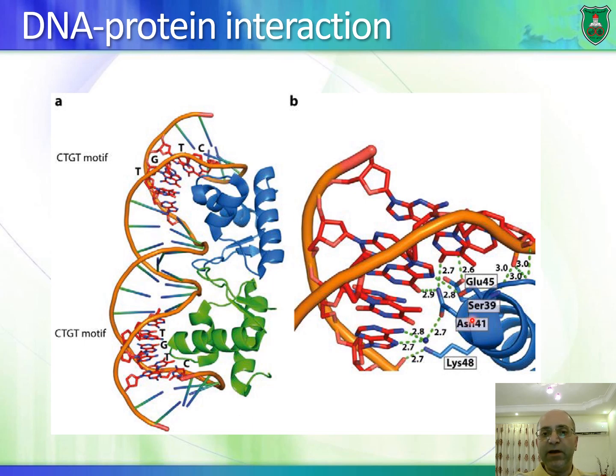The bases, by the way, are not totally embedded within the strands. Rather, some groups of the nucleotides are exposed outside, and these groups can interact with amino acids within the proteins. So you have this specific interaction between DNA and proteins.